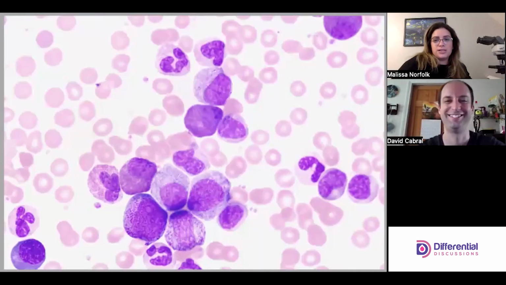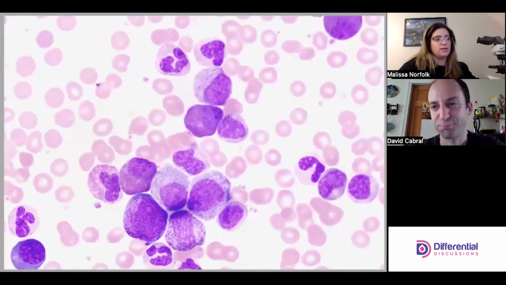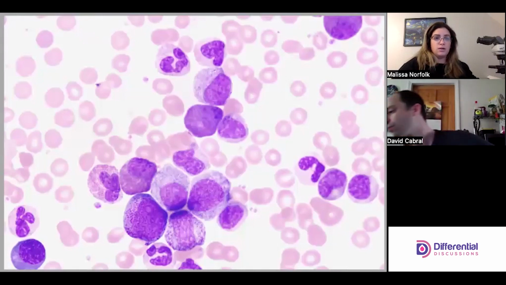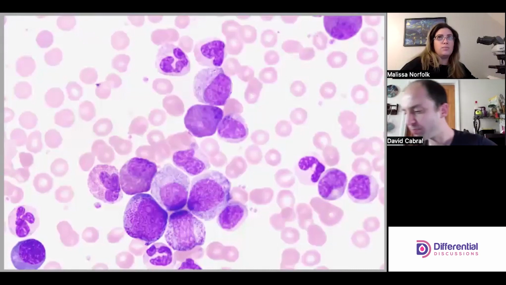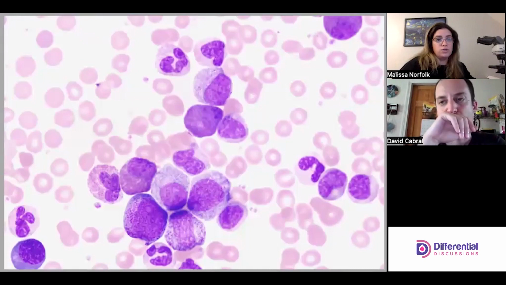But before we get into that, let's talk briefly about the patho of CML. Most cases are caused by a recurrent cytogenetic abnormality, the Philadelphia chromosome, BCR-ABL, a translocation of chromosomes 9 and 22.